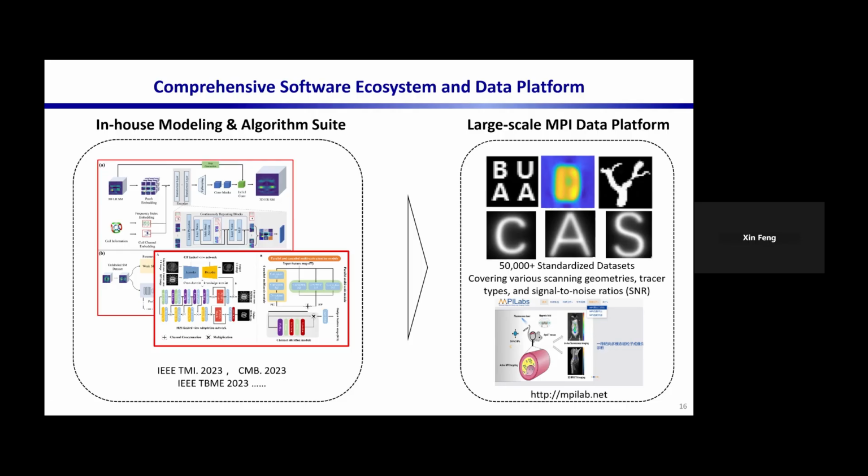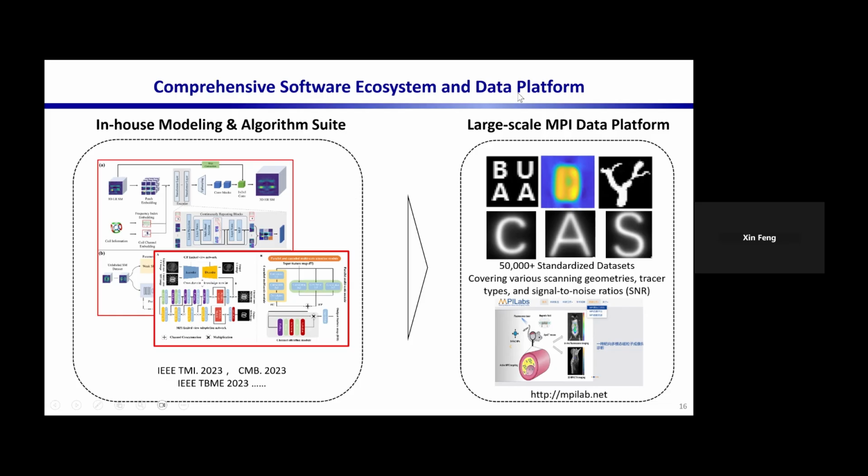To solve this problem, our team has developed AI-based reconstruction algorithms, and using deep learning, we can implement model-based reconstruction and sparse sampling. This allows us to significantly reduce the required measurement time and data volume while maintaining high image resolution.